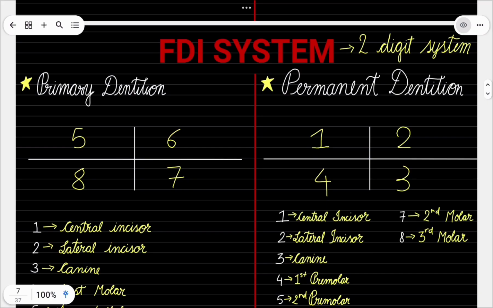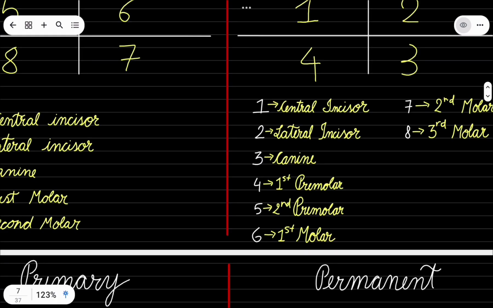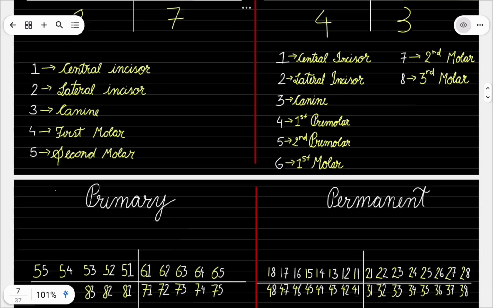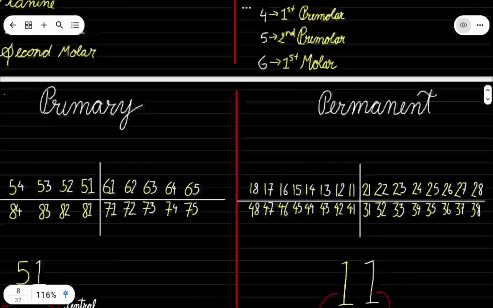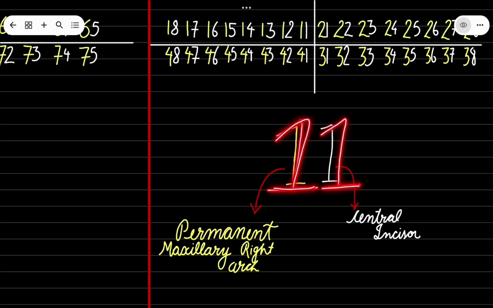So here each quadrant has its specific number, which makes up the first digit, and the second digit will be the tooth number. Central incisor has 1, lateral 2, canine 3, first premolar 4, second premolar 5, first molar 6, second molar 7 and the third molar 8. So whenever we write about the permanent dentition, the first digit will be of the arch and the second will be of the tooth number.